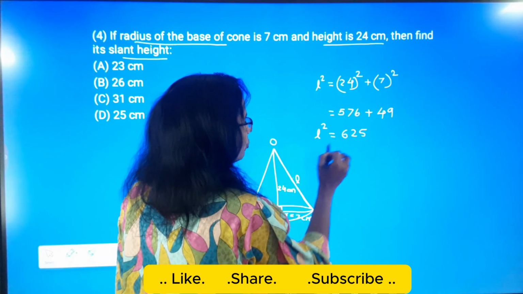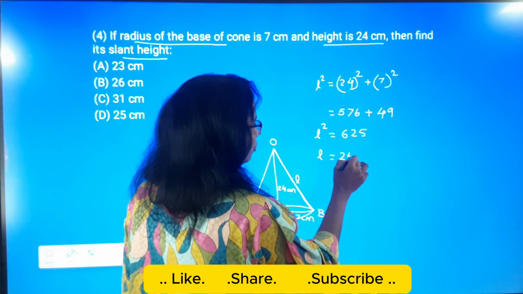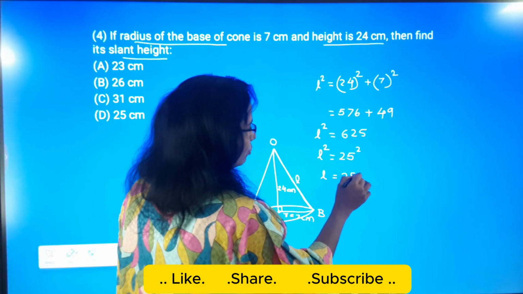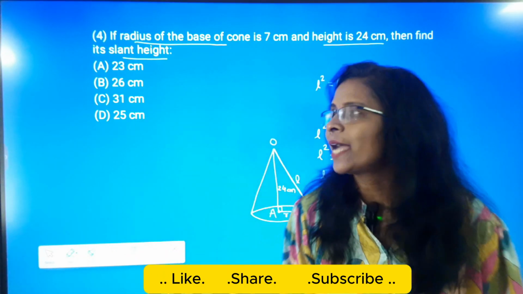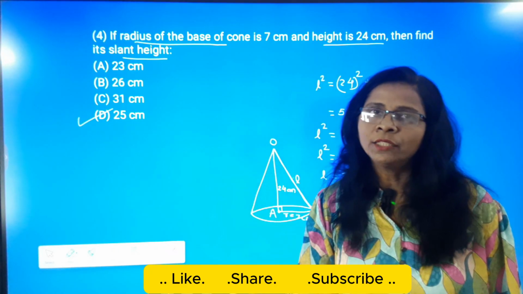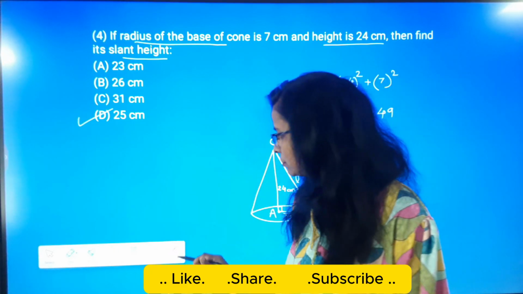L square is equal to 625, so L square is equal to 25 square, so L is equal to 25. So the answer is 25 centimeter. The correct option is D, 25 centimeter.